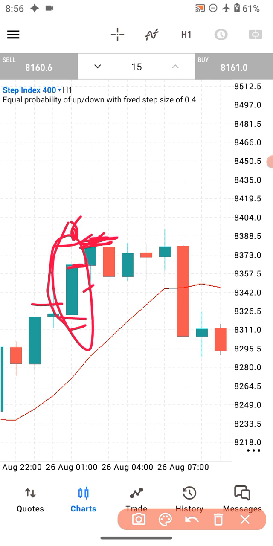Price action simply tells us that because it stopped here after it started here and went up, there was not much momentum buying power.